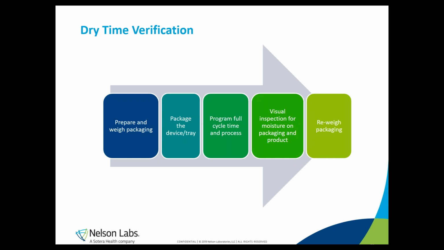The dry time at the end of the steam sterilization cycle is verified by comparing the weight of the pouch, or the wrap of course, after sterilization to the weight before sterilization. After sterilization at full cycle parameters, the pouch or the wrap and the device are also visually inspected for the presence of any moisture.